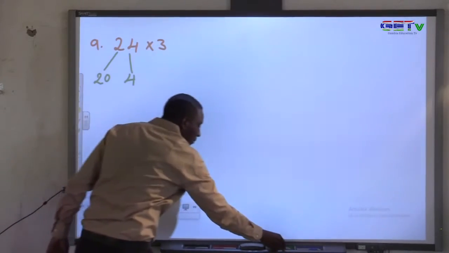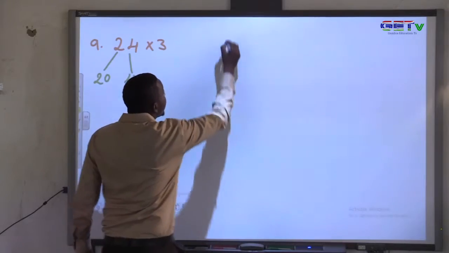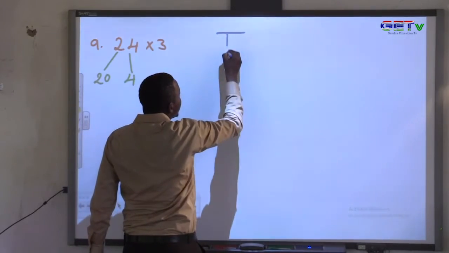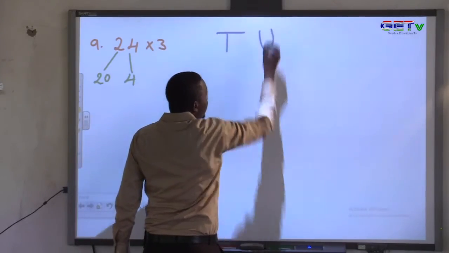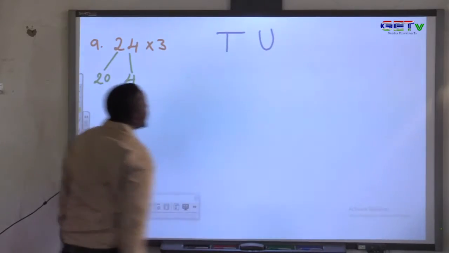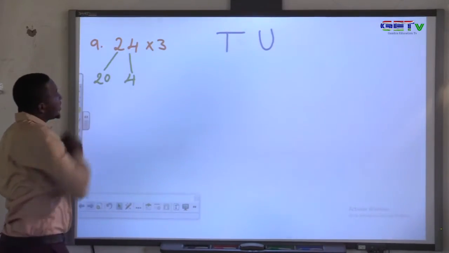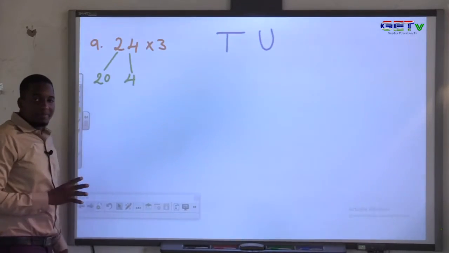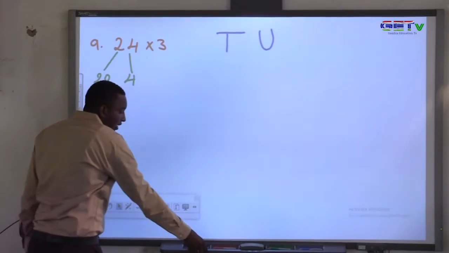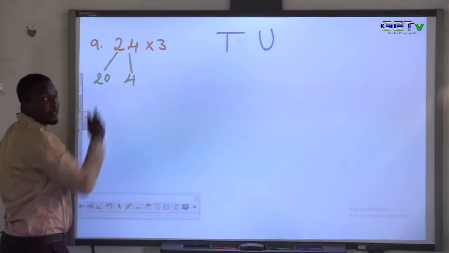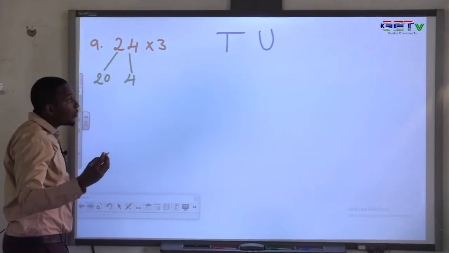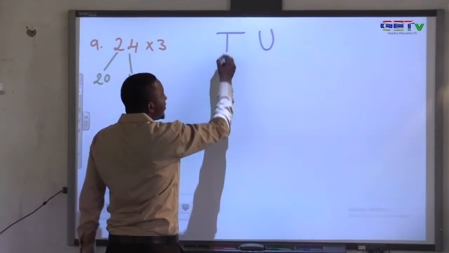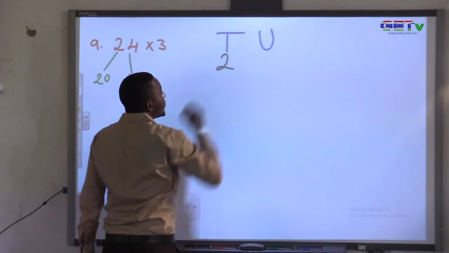So we get our place values here, since we are dealing with 2 digits in this case. We look at 20. How many tens are in 20? We see that there are 2 tens in 20. So the 2, we are going to write it under the tens column. That is 2.